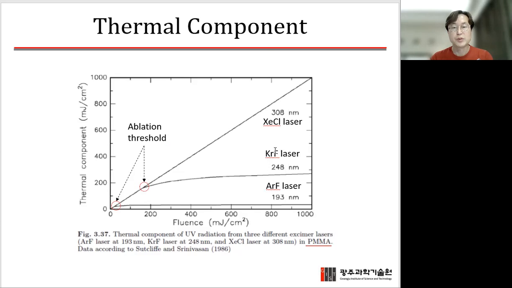But with shorter and shorter wavelengths, the thermal component from the light energy is much, much lower. When you are using 193 nanometer, even if you increase the photon fluence, the thermal component is going to be very minimal.